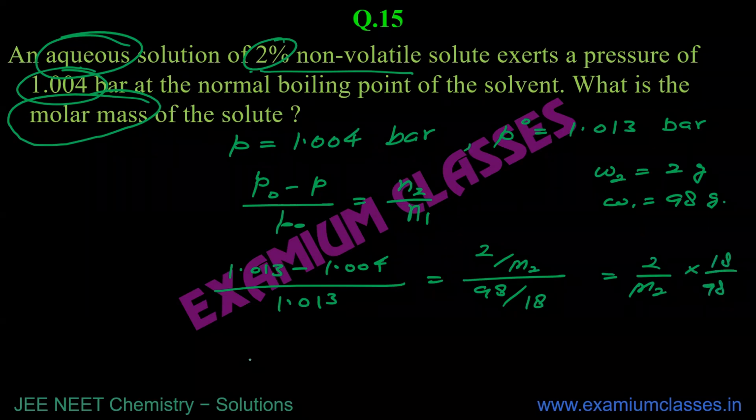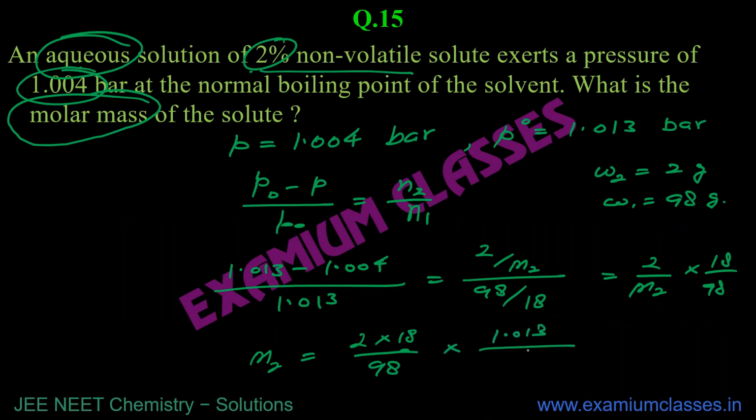From here you will calculate M2. So M2 will be 2 into 18 by 98 into 1.013 divided by 0.009. When you solve this, you will get 41.35 grams per mole.